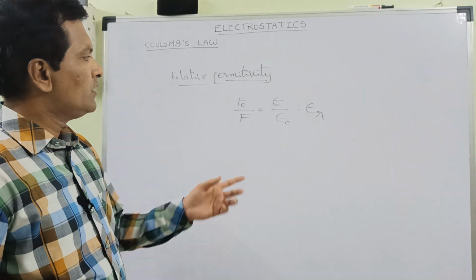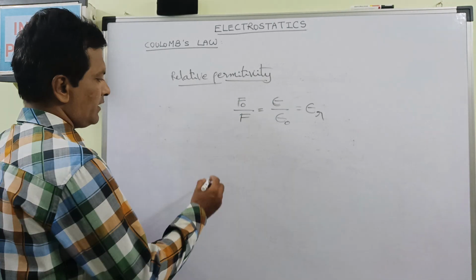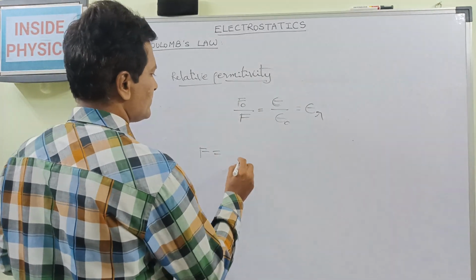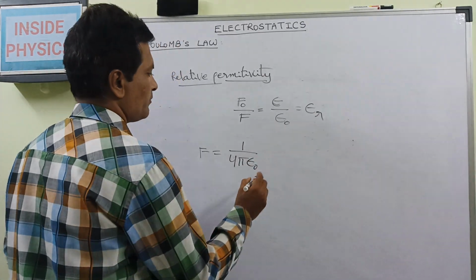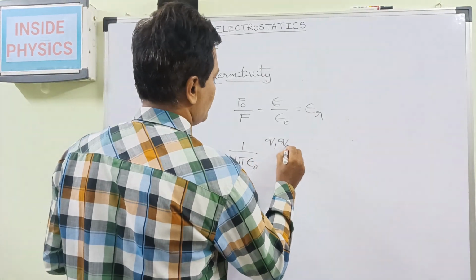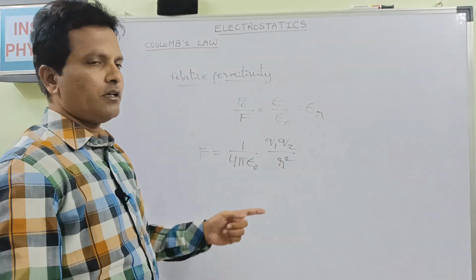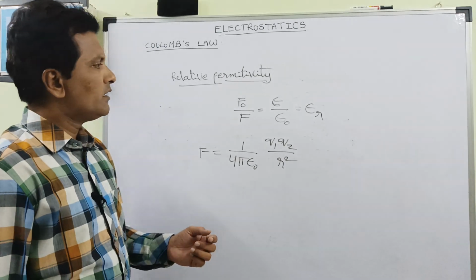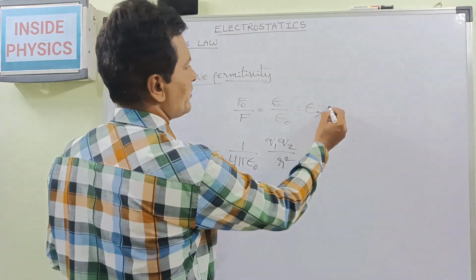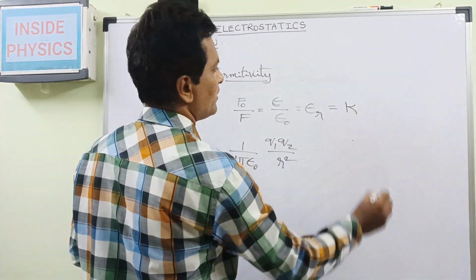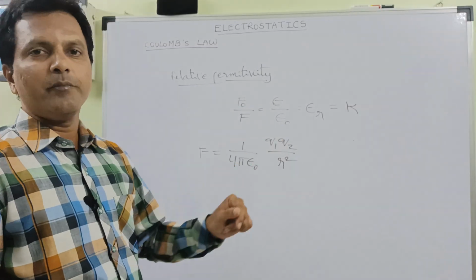Okay, so with this we can write Coulomb's law in this form. For air or free space we know that F is 1 by 4 pi epsilon naught q1 q2 by r square. See, if these two charges are put in a medium of dielectric constant K, this epsilon R, relative permittivity, is also called and represented as K, the dielectric constant of a medium.